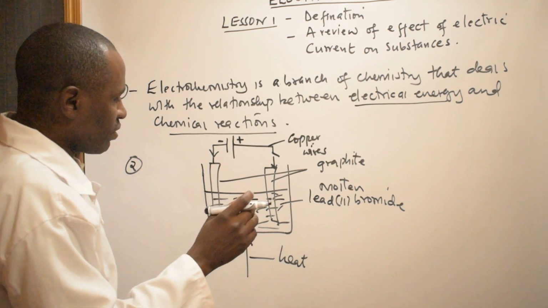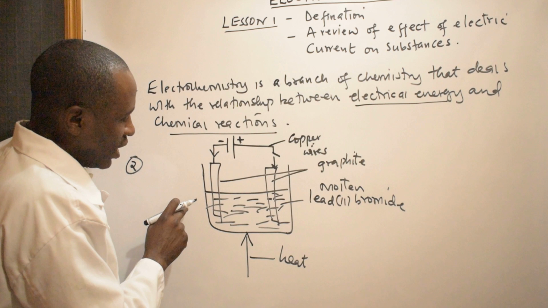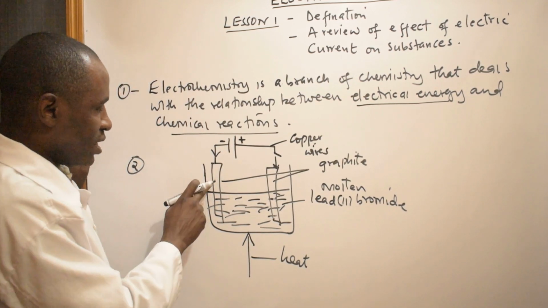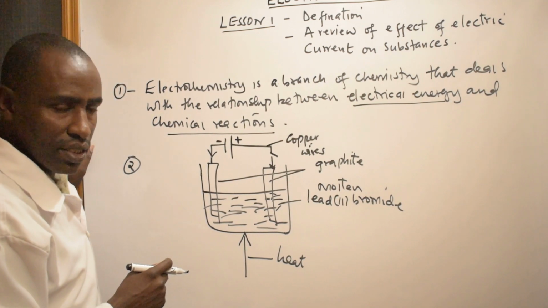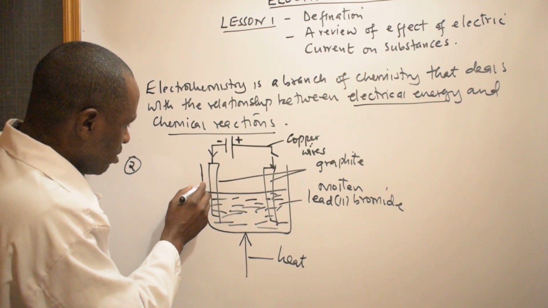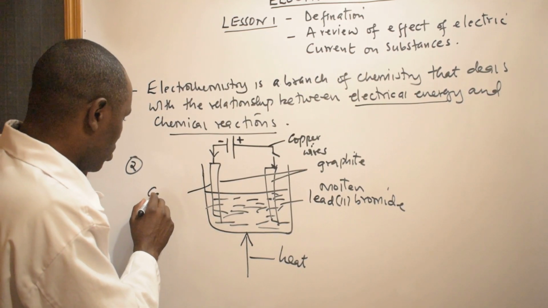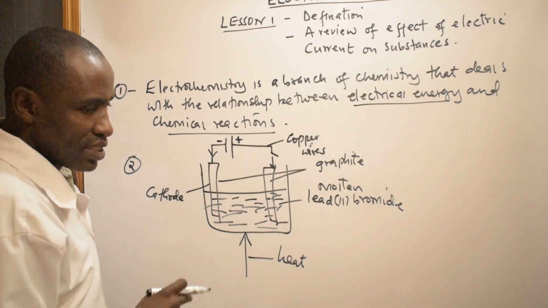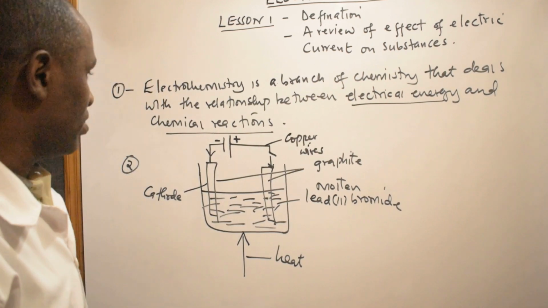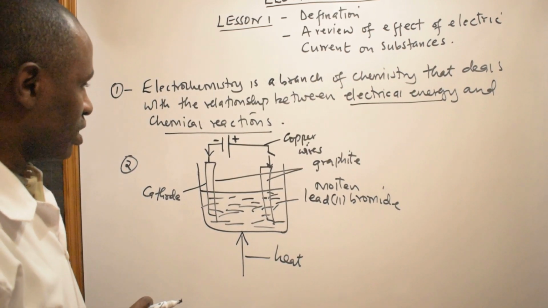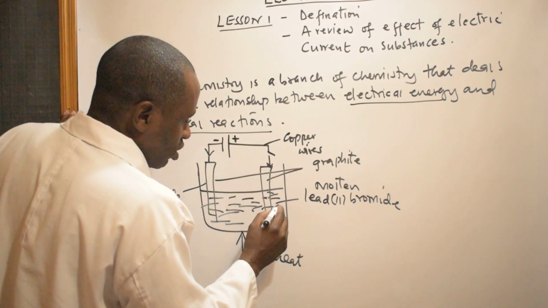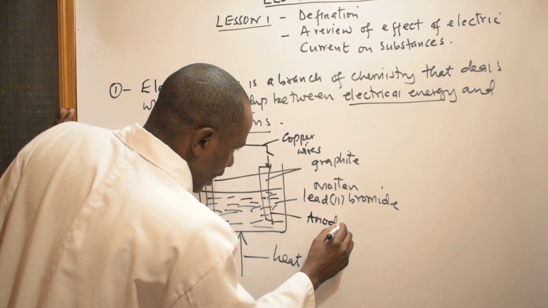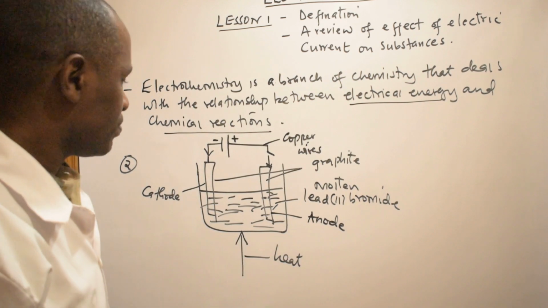When this one is negative, it makes this electrode negatively charged, and we call it the cathode. This is the electrode connected to the negative terminal of the battery. At the same time, the electrode connected to the positive terminal of the battery, we call the anode.